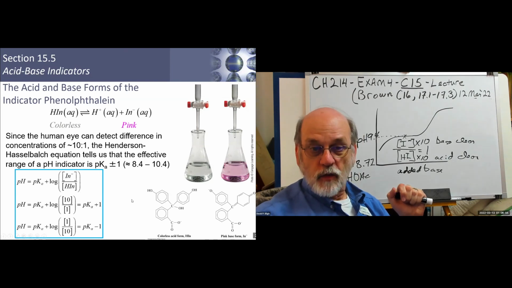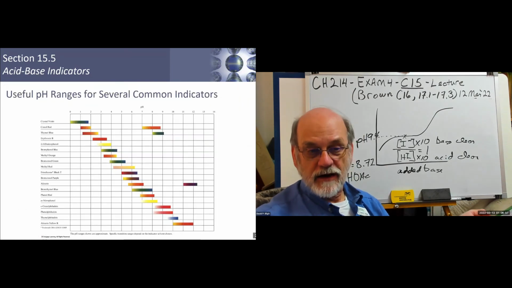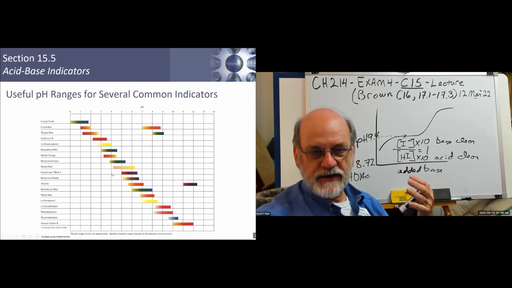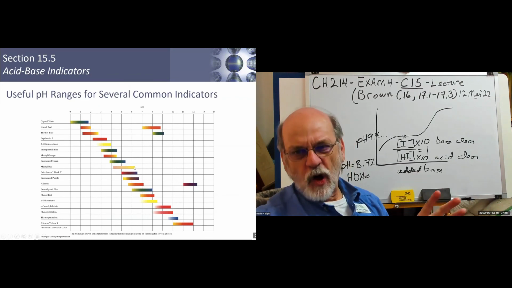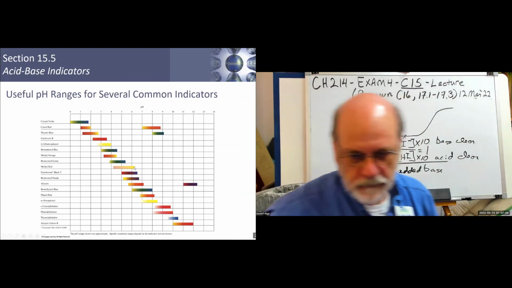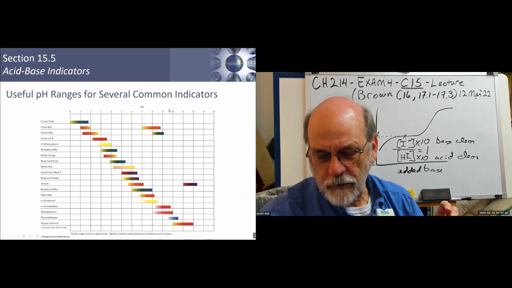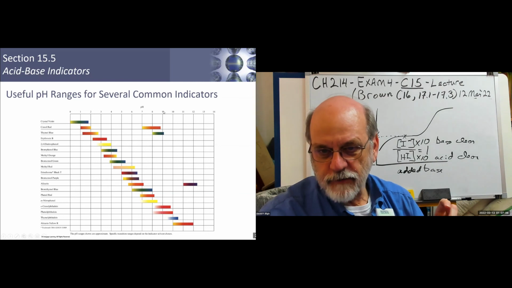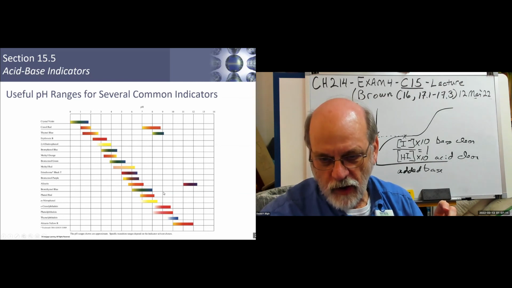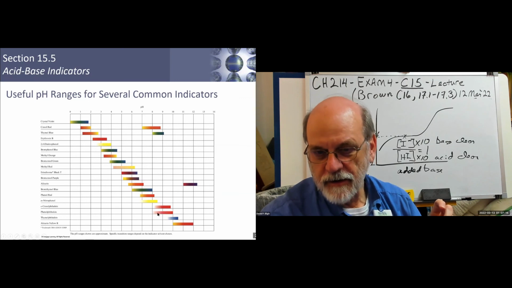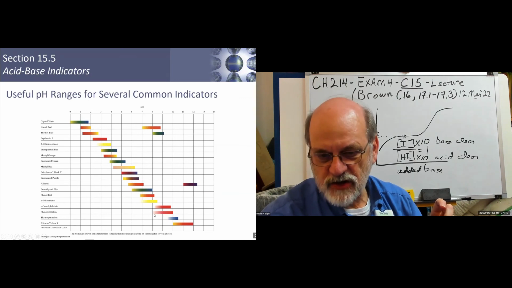Okay, so we can do that with any other type of indicator. And this is kind of small print. But notice the pH up here along this line. And if we go over here and we fall down to phenolphthalein, then we see that the pH change starts changing in the 8s and goes on up to the 10s.